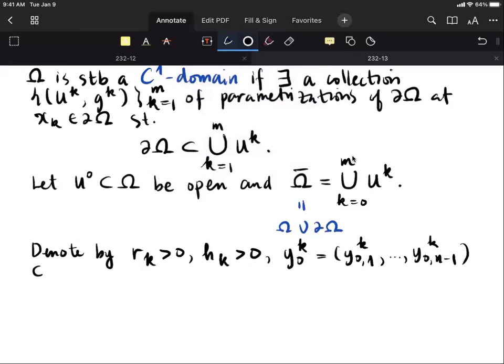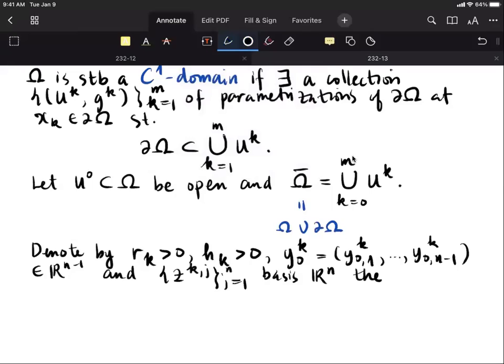This is of course in Rn minus 1. And you have say zkj, j from 1 to n, a basis in Rn.